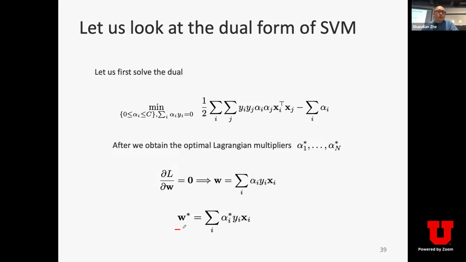So you can see that W star is just a weighted summation of every training example. And be careful, alpha star has important meanings, which we're going to see later. So from the inner minimization procedure, we know the relationship between W and alpha. And once we get the optimal alpha, substituted into that relationship, we get the optimal W. Then the remaining problem is how do we get the bias parameter B?